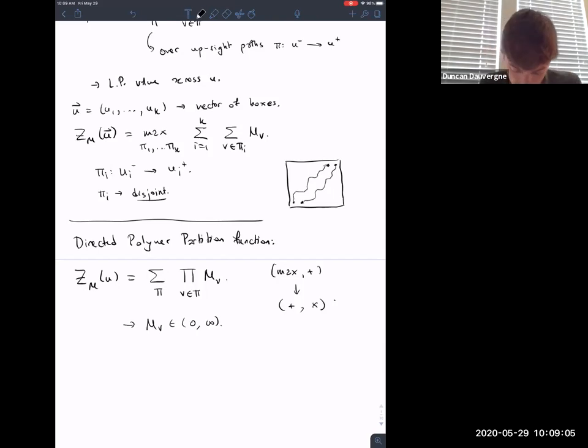So the idea is that this is essentially a partition function, so it should be the normalizing constant for a probability measure on paths. So we want Zm of u to always be positive, and for that reason, we want these weights always to be positive. So it's kind of a minor distinction which won't really come up.